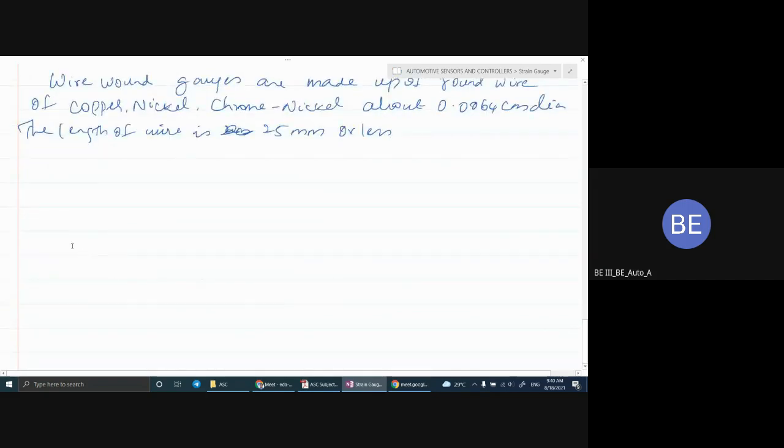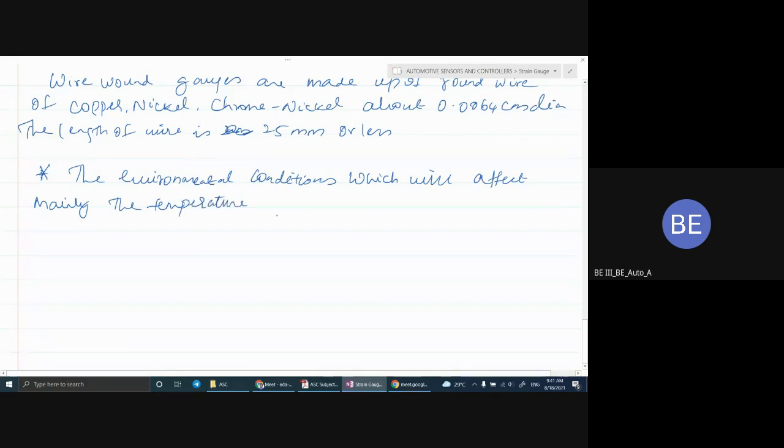Now we have to consider the most important factor, the environmental conditions, which will mainly affect the temperature of the gauge.